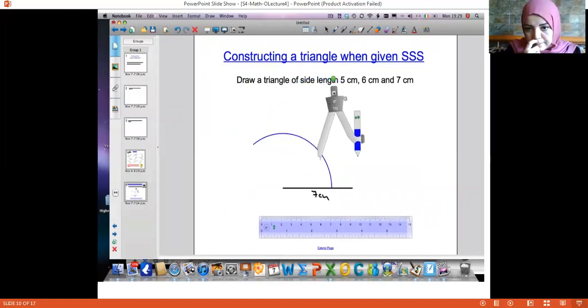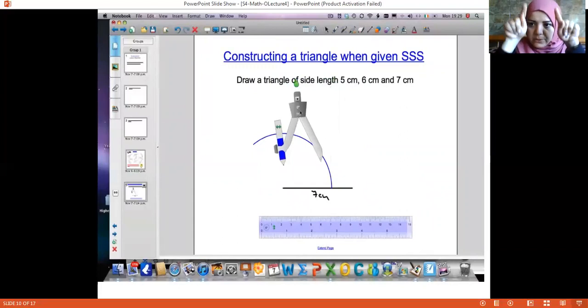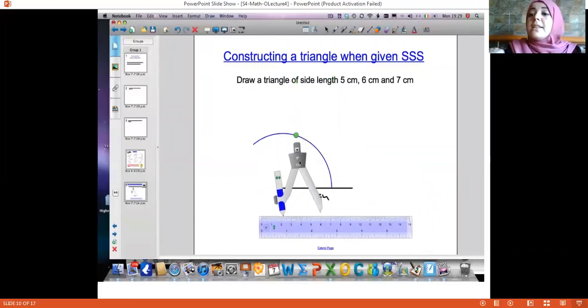Now we are going to draw another arc, which is 6 centimeters. How? We are going to put the compass on the ruler and open it to 6 centimeters now.